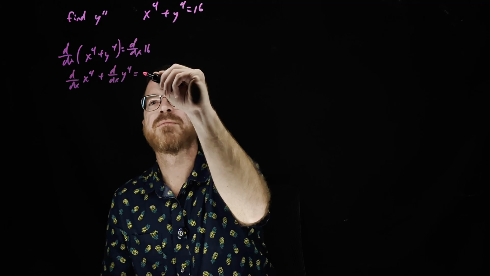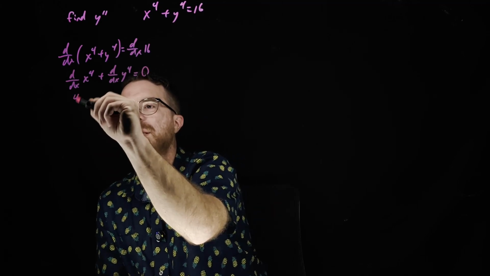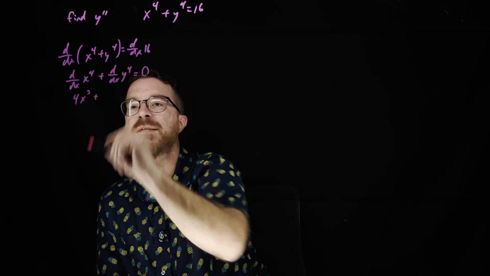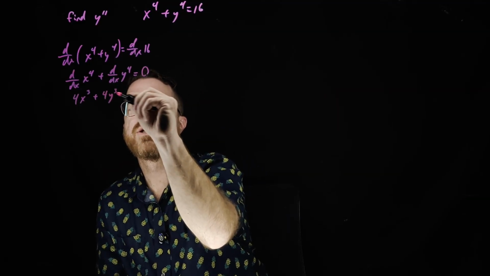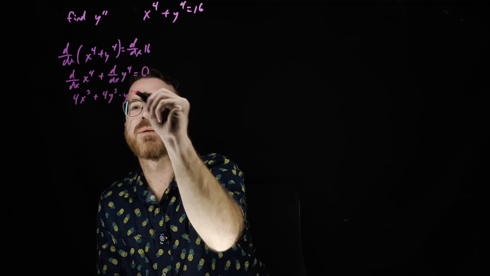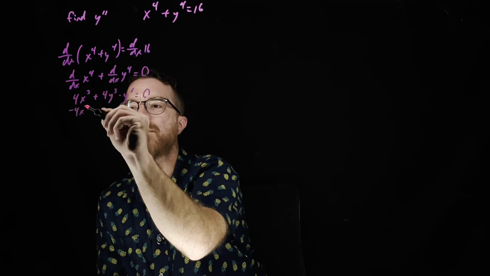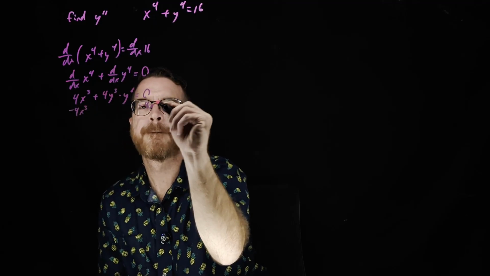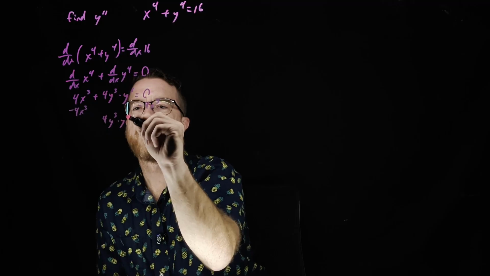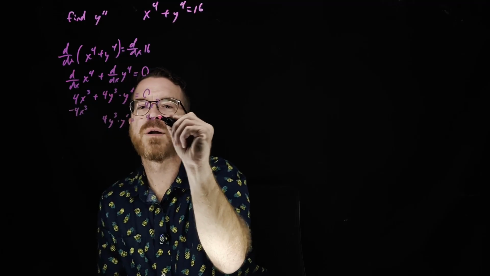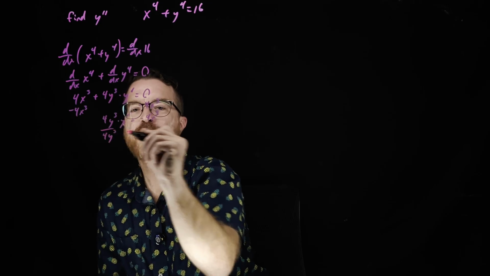Because there's no x in it, this is going to be equal to 0. d/dx of x to the fourth is going to be 4x cubed, plus the derivative of y to the fourth is going to be 4y cubed times the derivative of y, which is y prime, equals 0. I'm going to subtract 4x cubed from both sides. This is going to give me 4y cubed times y prime equals minus 4x cubed. I'm going to divide by 4y cubed on both sides.